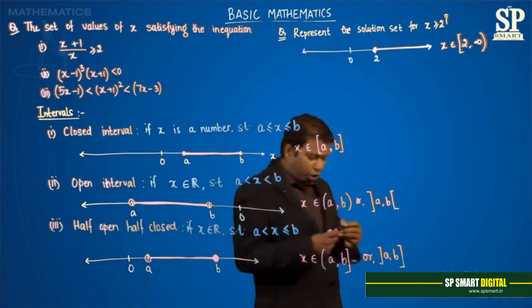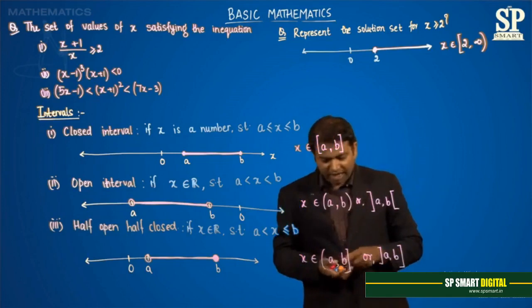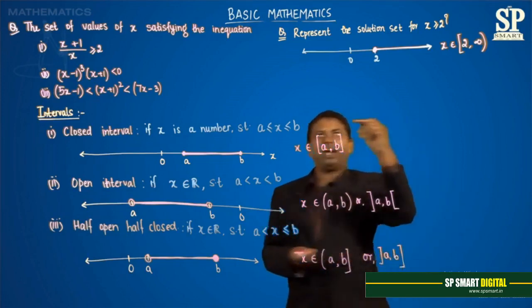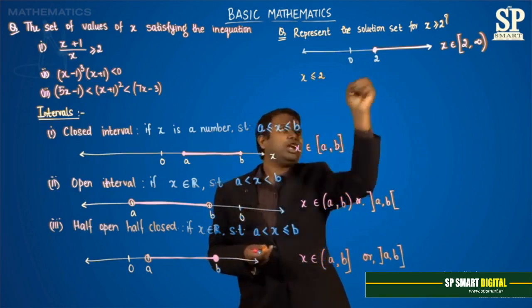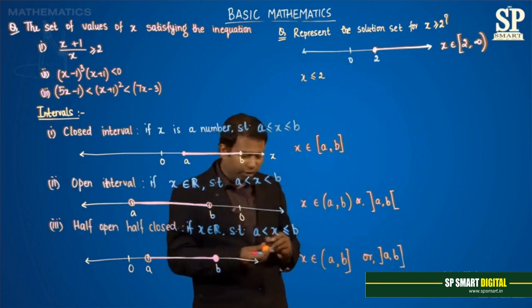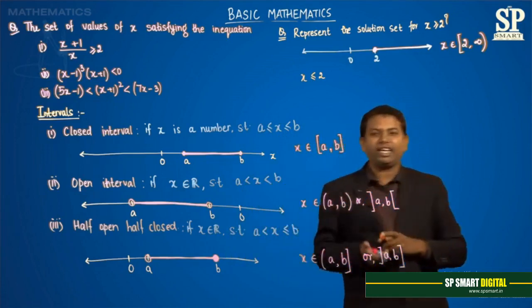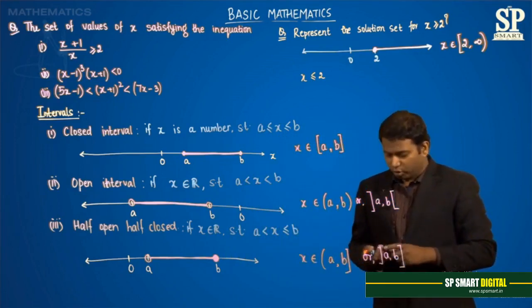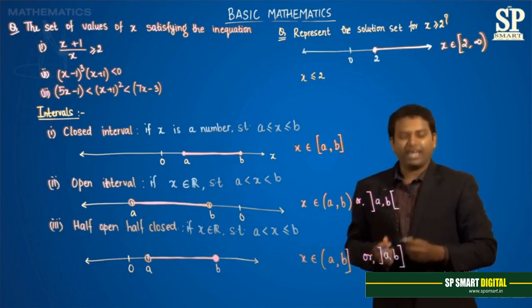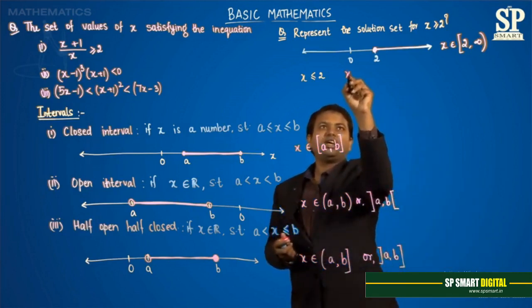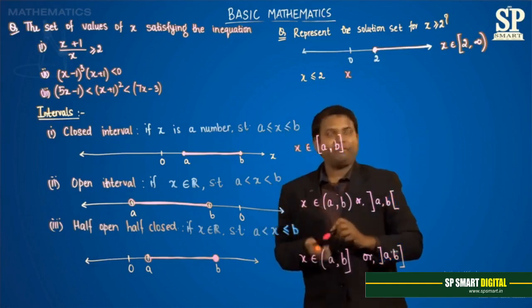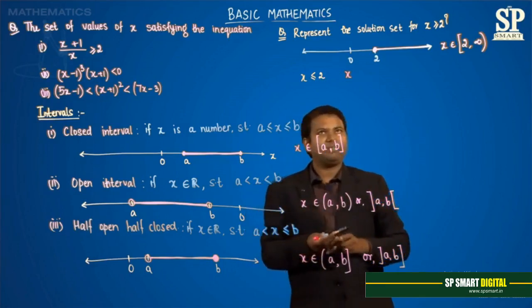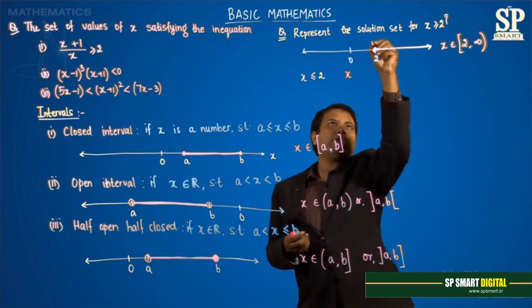Now it could also be the case that the solution we had to find is for the case when x is less than or equal to 2. Here x was greater than or equal to 2, and in this second case, we have x less than or equal to 2. So how do we do it in this case? Since it is less than or equal to 2, if I mark it here itself, it is going to be the following.